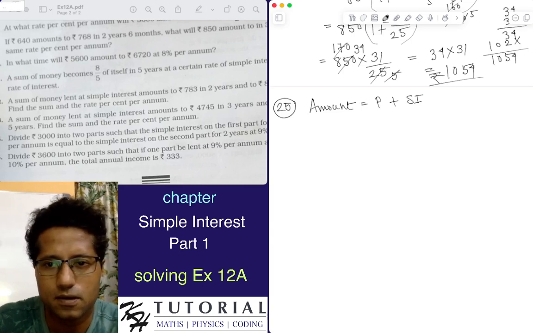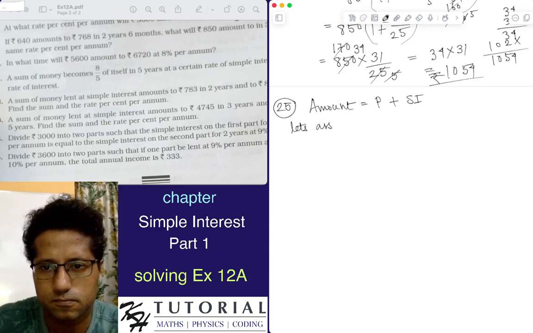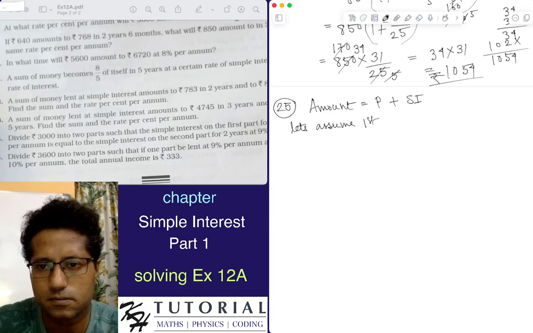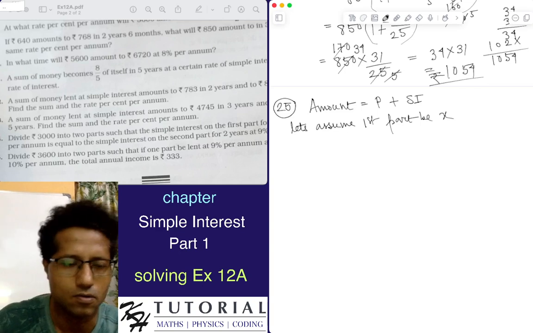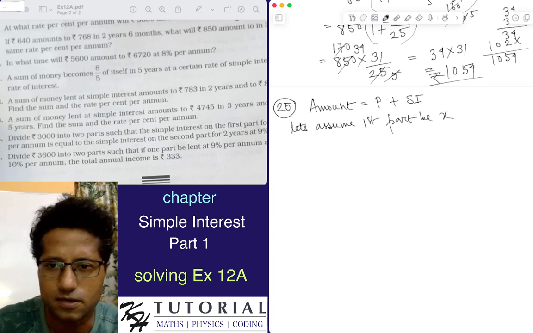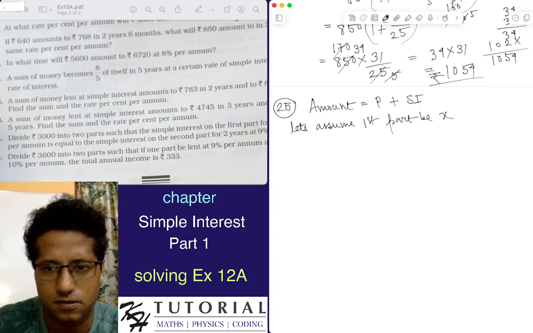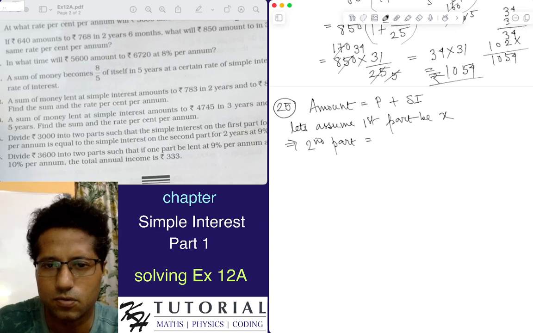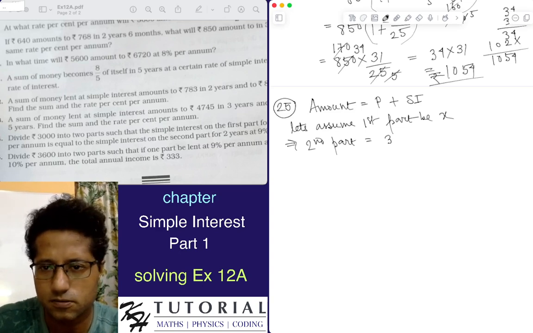Okay, so divide 3600 into two parts. Let's assume the first part be x rupees. I am omitting the symbol rupees. Let's assume first part be x. This implies the second part is equal to 3600 minus x.